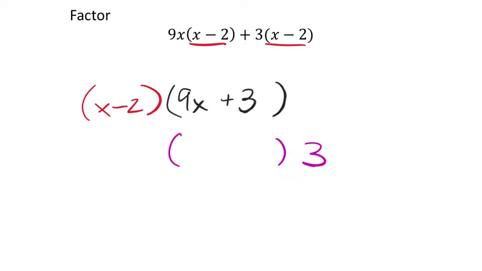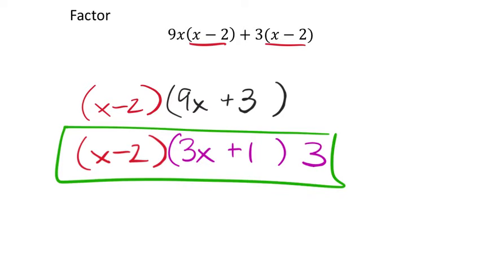All right, fair enough. Then what are we left with? Well, 9 divided by 3 is 3, so that's how many x's there are. 3 divided by 3 is 1, so we get 3x plus 1, and then I still have that x minus 2 binomial as well. So we end up with 3 factors in our final expression.